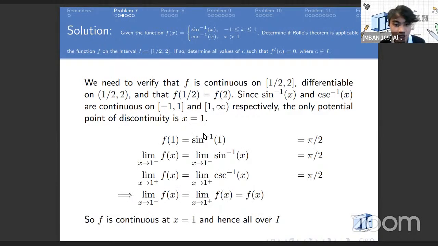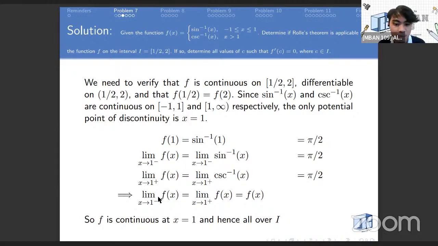So let's try getting the limit of f of x as x approaches 1 from the left. The limit of f of x as x approaches 1 from the left is equal to the limit of arc sine x as x approaches 1 from the left. It is equal to f of 1, which is arc sine 1, or pi over 2.